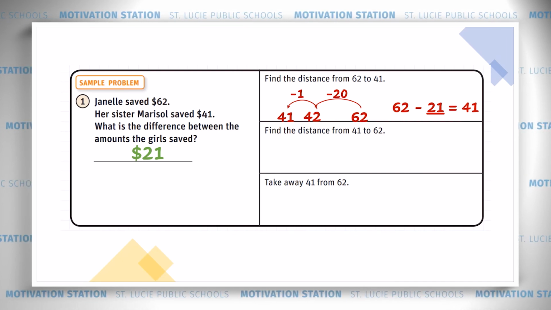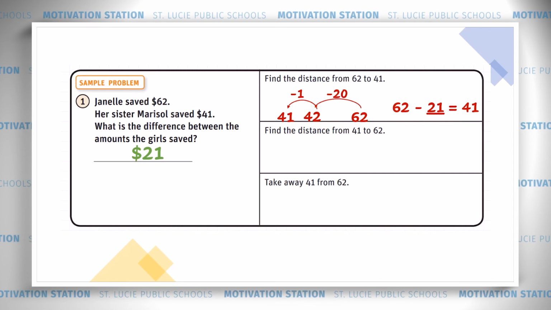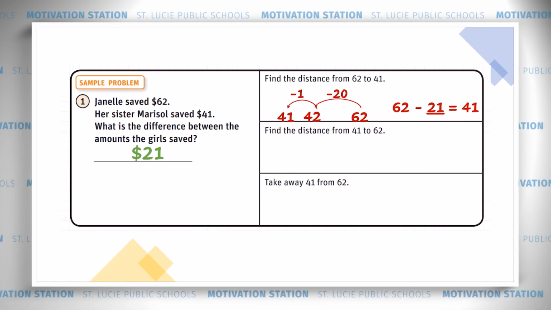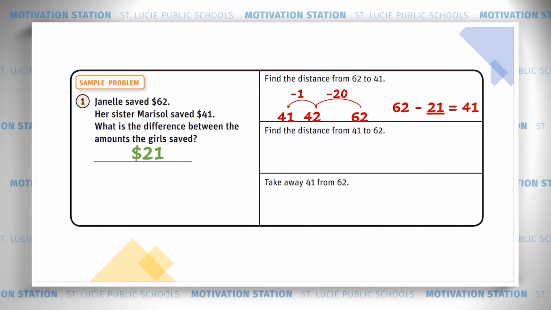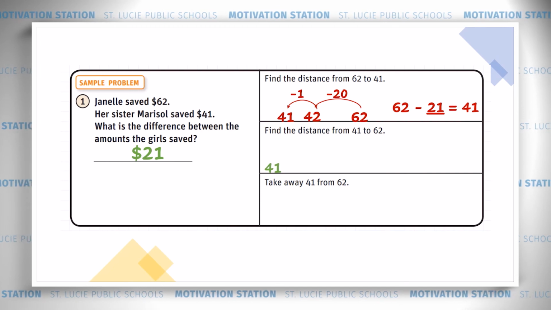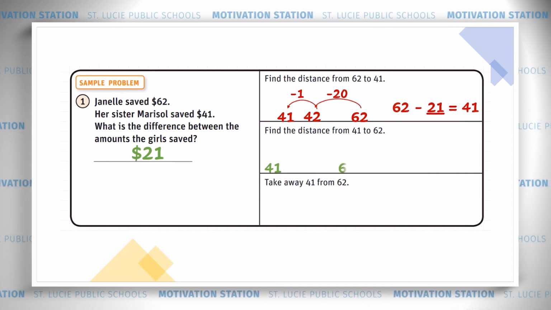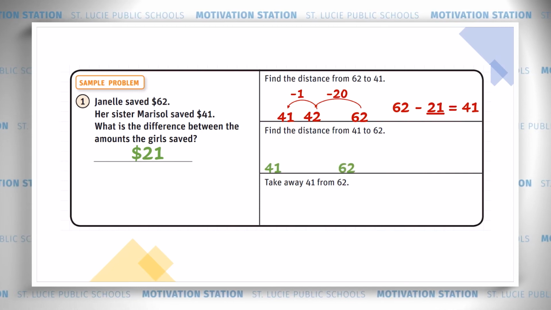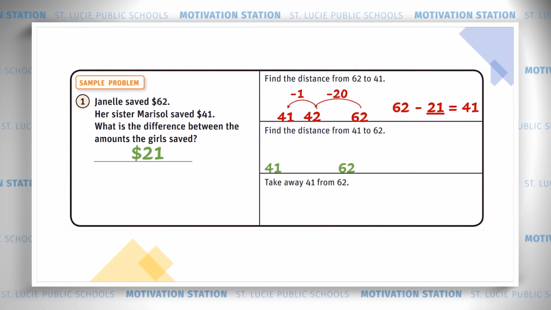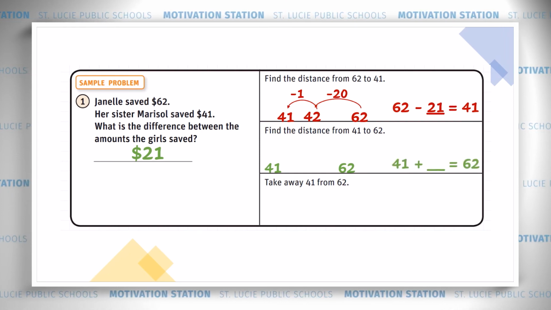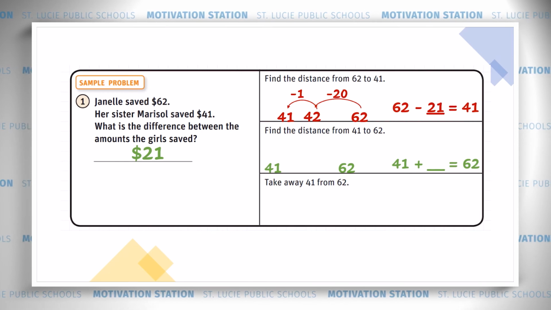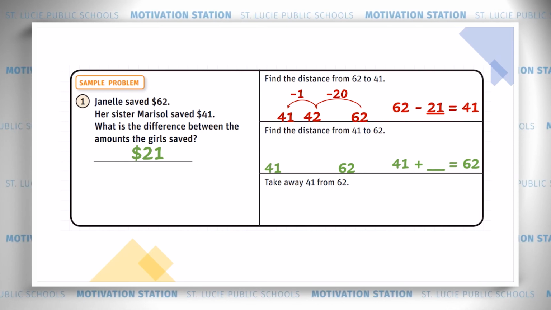Now we're going to find the distance from 41 to 62. This means that we're going to start at 41 and go to 62. To do this, our equation will read 41 plus blank equals 62. Our first jump.